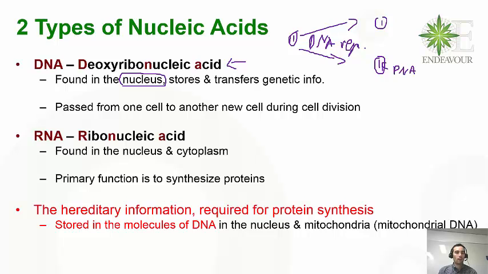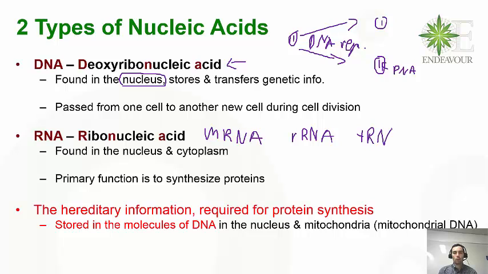Whereas the role of ribonucleic acid, we have a few different types of these. I introduced our messenger RNA earlier. So we've got our messenger RNA, our rRNA, and also our tRNA.